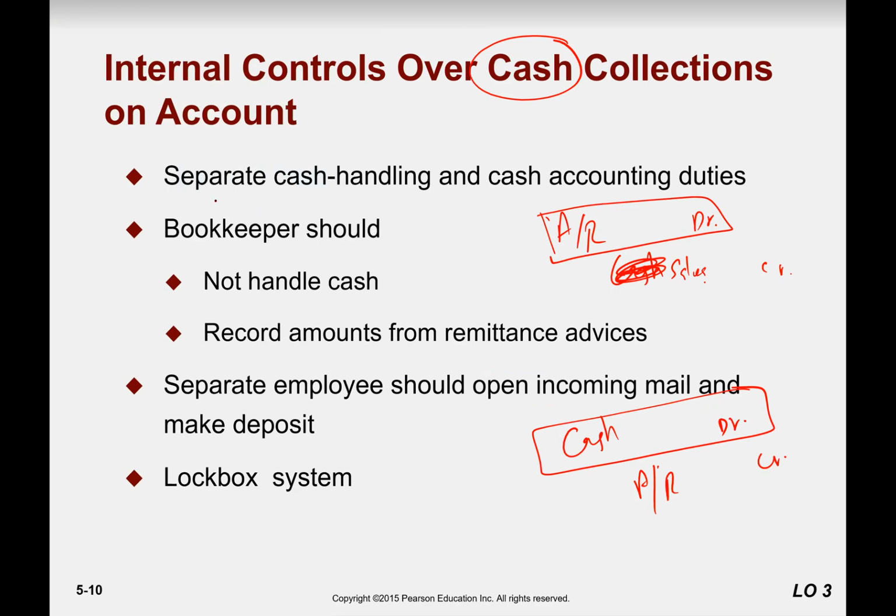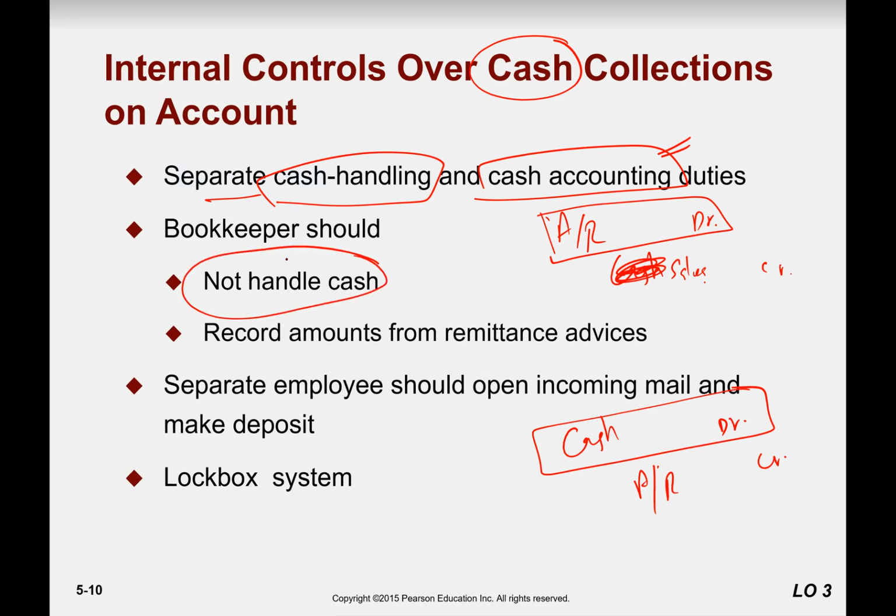So separate cash handling and cash accounting duties. Those who receive the cash are different from those who make accounting entries, right? Bookkeepers or accountants must not handle the cash. They just record the entries. Separate employees should open incoming mail and make deposits.